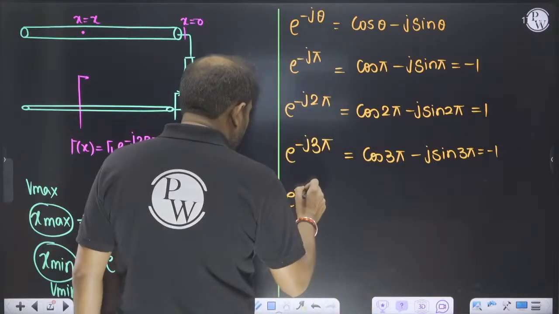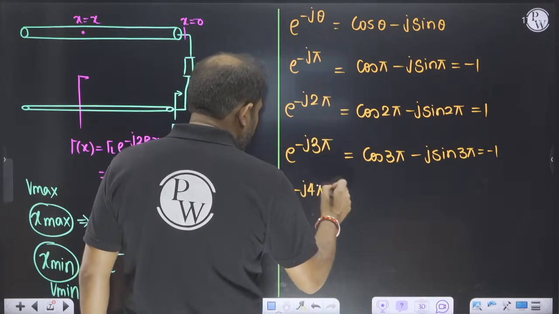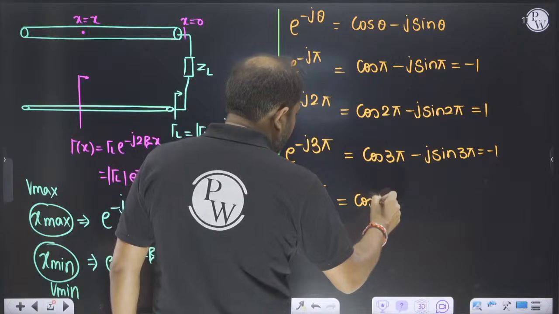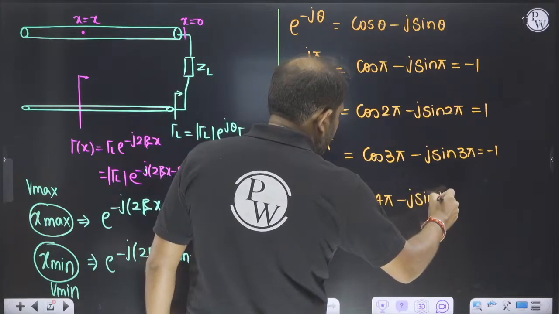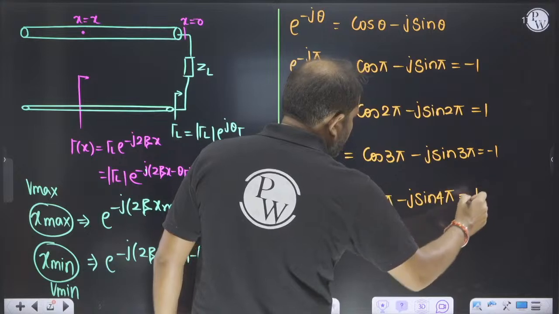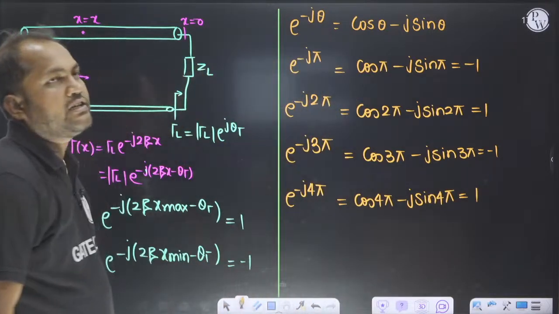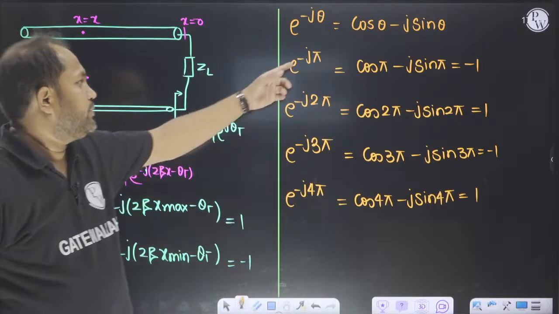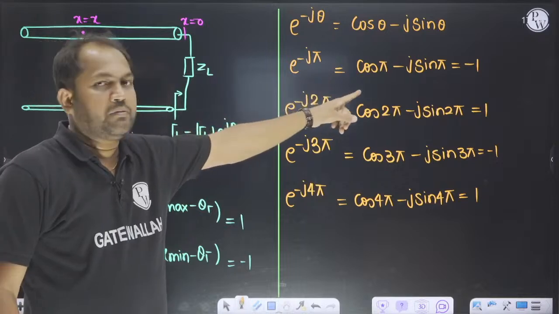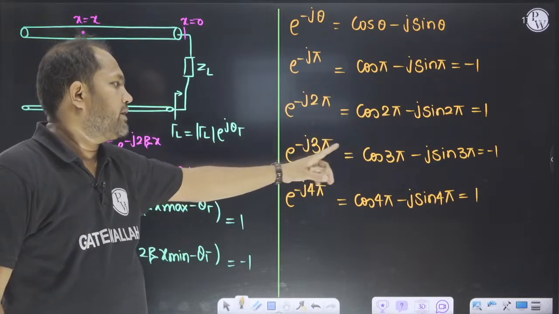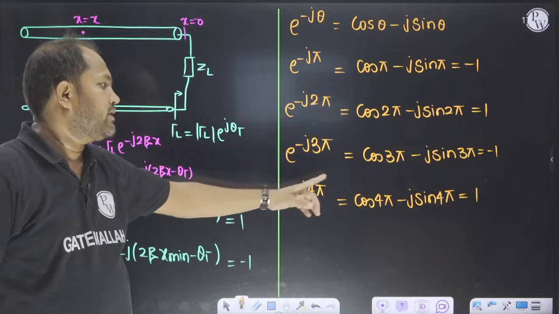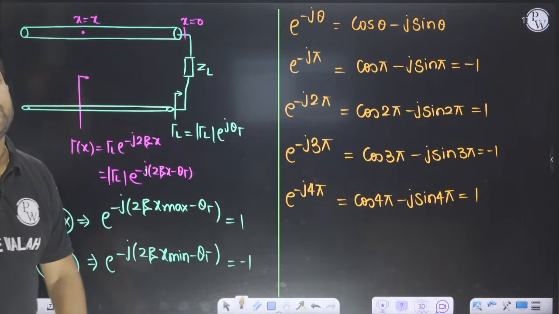Then e to the power minus j 4 pi is cos 4 pi minus j sin 4 pi, so it will be plus 1. Like that you can understand: if it is pi it will be minus 1, if it is 2 pi it will be plus 1, if it is 3 pi it will be minus 1, if it is 4 pi it will be plus 1.